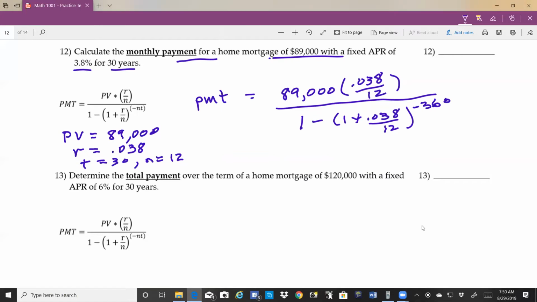And you can put this in your calculator and you'll see that this will be $414.70.